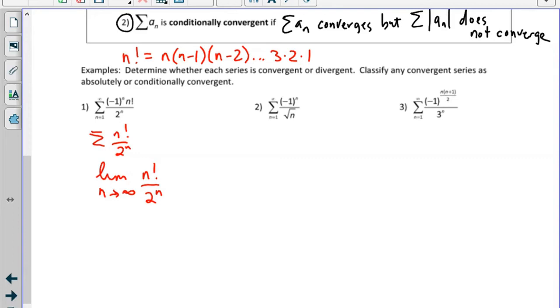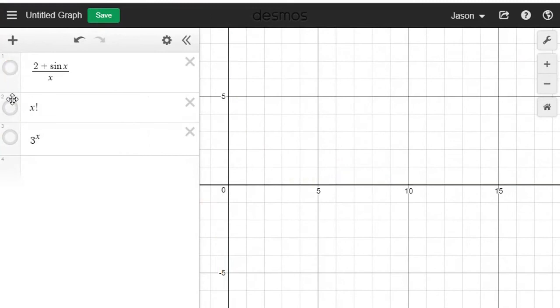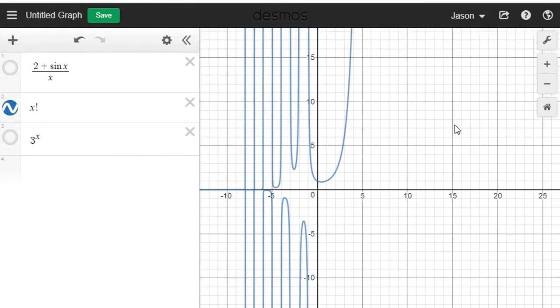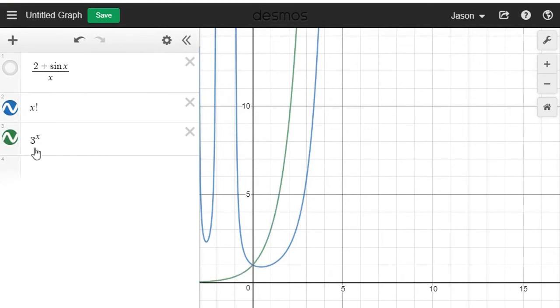I'm just going to show you that so you can see that it's true. x factorial does some weird stuff with negative values, but with positive values, it grows.